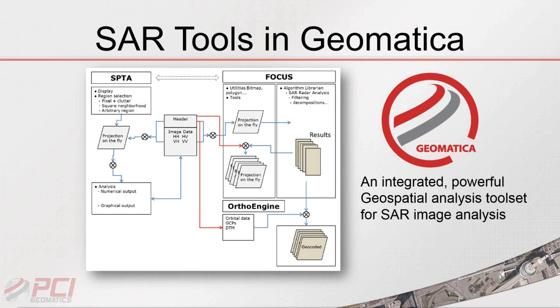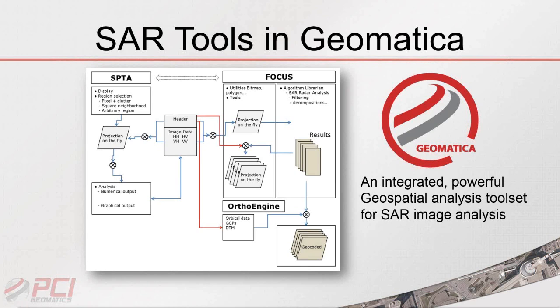We have on the left the SAR Polarimetric Target Analysis Toolkit. I'll be showing this in a minute. It allows you to generate signatures and calculate numerical information from either the dual or the fully polarimetric data.